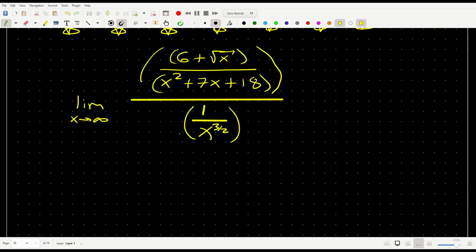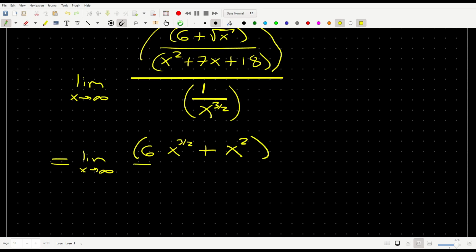And this limit is going to then become, once we do a little bit of algebra to simplify, 6 times x to the 3/2 plus square root of x times x to the 3/2, which is x to the 4/2, or x squared, divided by x squared plus 7x plus 18.